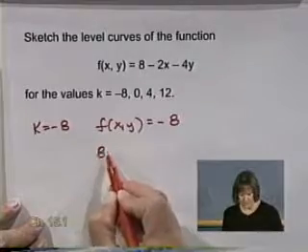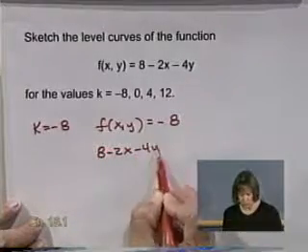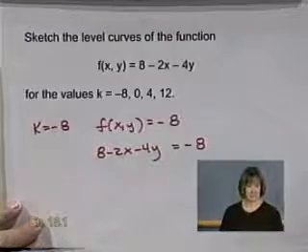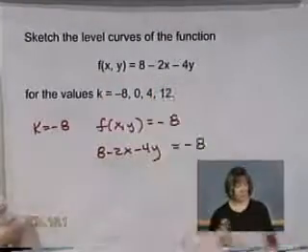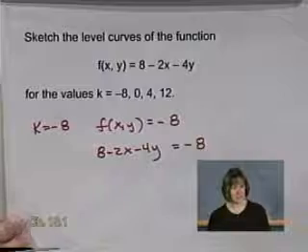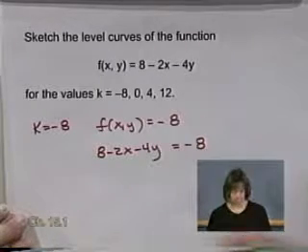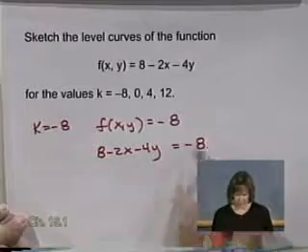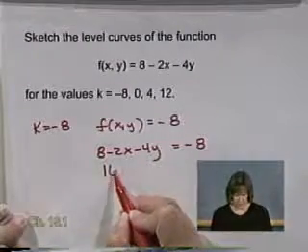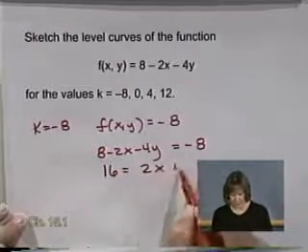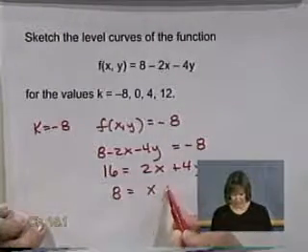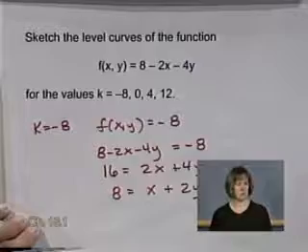F of xy is 8 minus 2x minus 4y, and we need that to equal minus 8. Notice your domain are points in two-dimensional space. Well, what does this graph look like in two-dimensional space? Well, let's see. I'm going to add a positive 8 to both sides and get a 16. I'm going to add 2x and I'm going to add 4y. If I divide through by 2, what's that a graph of, people? What's that a graph of?